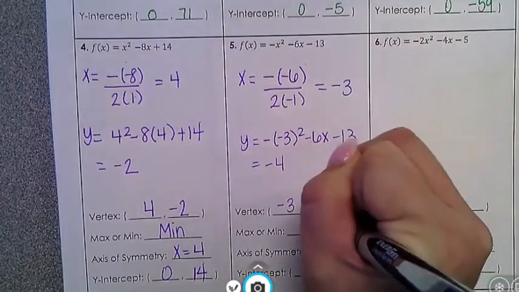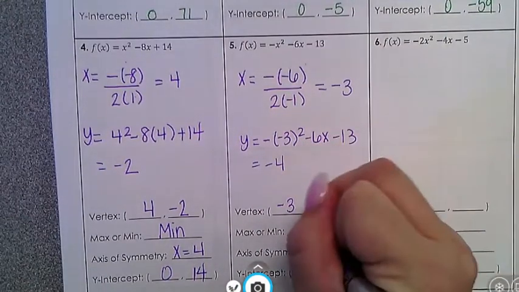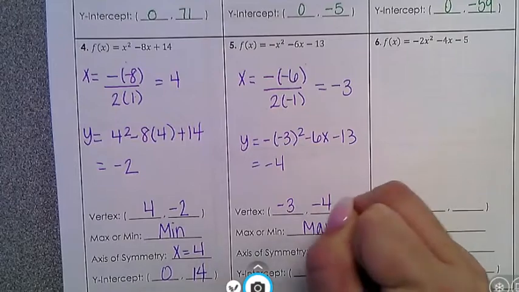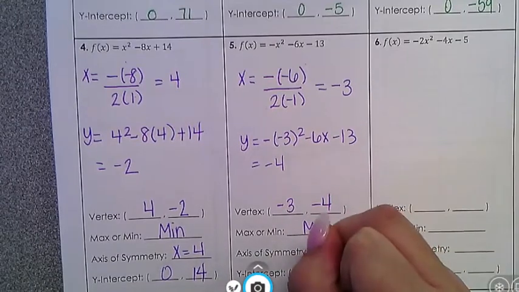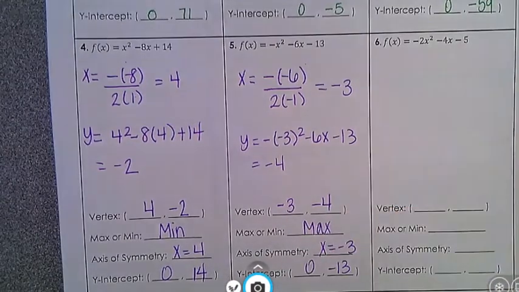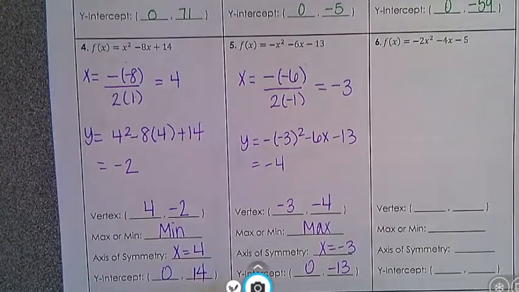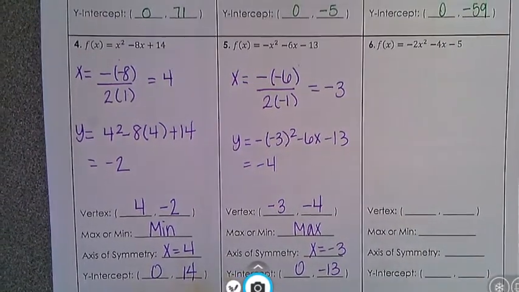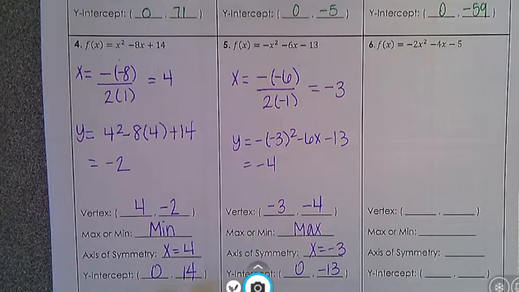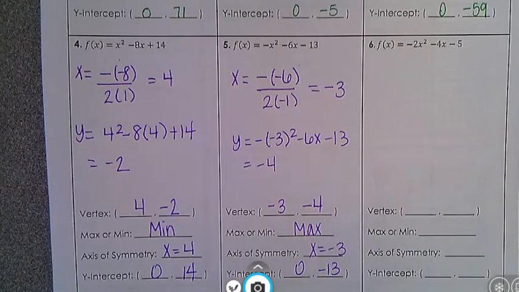So negative 3, negative 4. Max. x equals negative 3. 0, negative 13. That's what you should have got on that one. I know I'm flying through these, but you should have already had these written down.